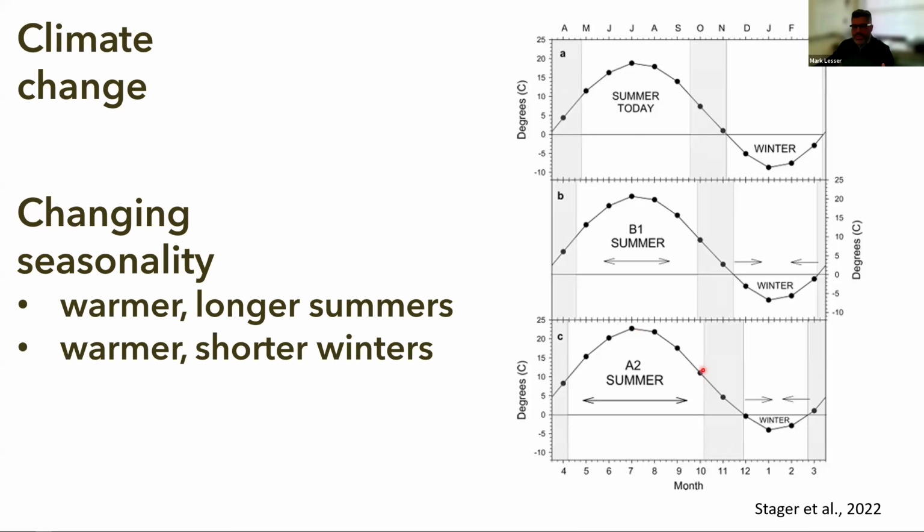And conversely to summers getting warmer and longer, winters are getting shorter. Winters are also getting warmer. You can see the dip here is not nearly as much as it is currently. So winter temperatures aren't as low, and winter is getting shorter. And so does this matter to our tree species?